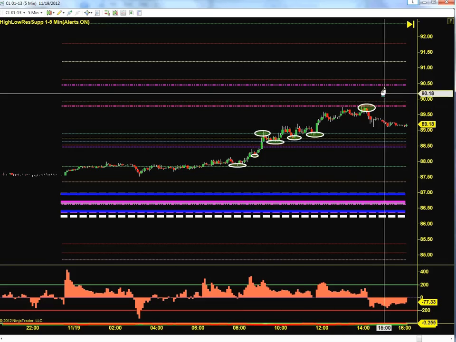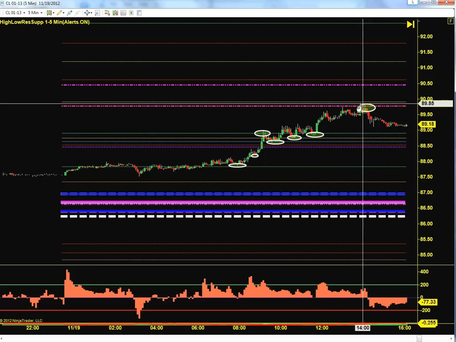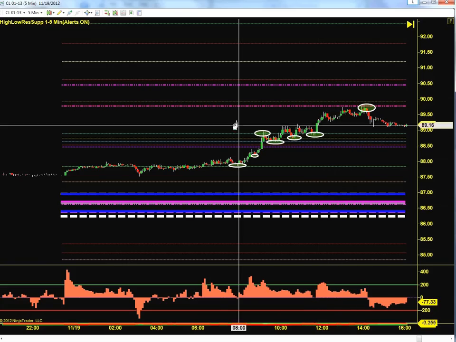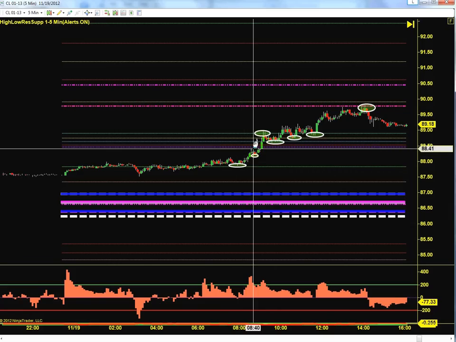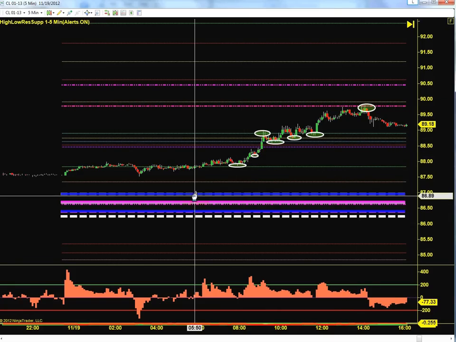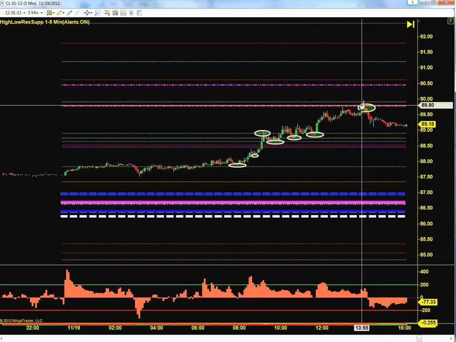The magentas have a relation, the blues have a relation, and the whites have a relation. Then the smaller ones are holding little. From this magenta to this magenta, the market went up, and this was furthermore down.